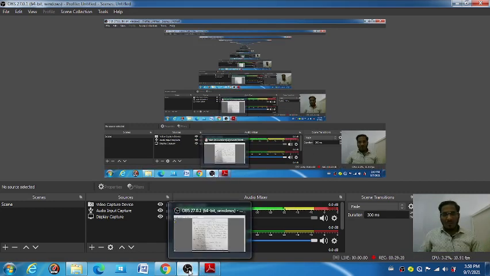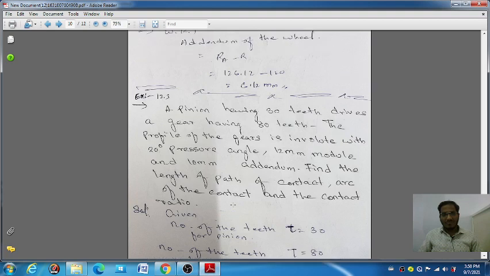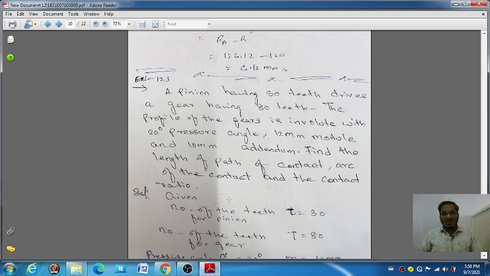So the next problem, the question is giving you the given data. In this question we are seeing the pinion and gear, two different gears. The pinion has 30 teeth and the gear has 80 teeth. The pinion is the driver and the gear is driven.